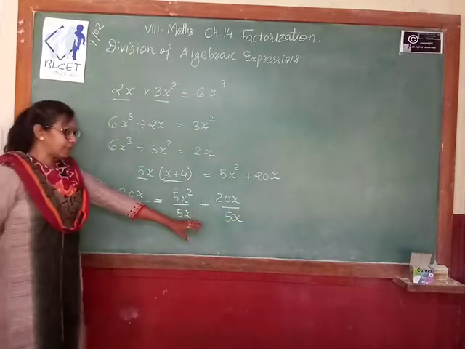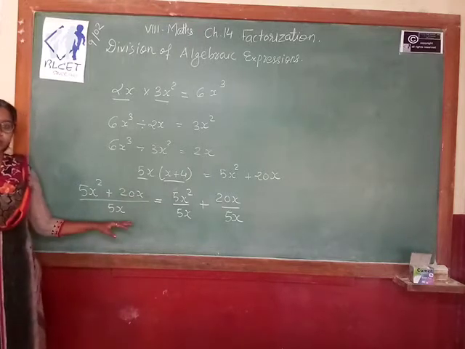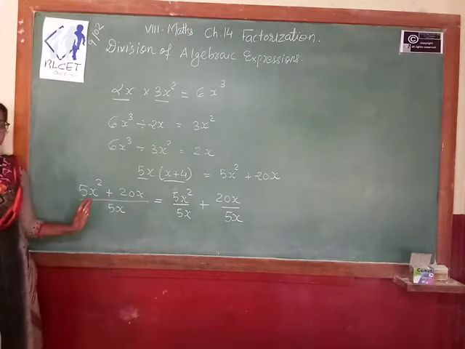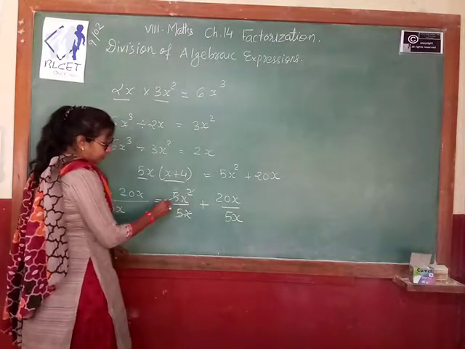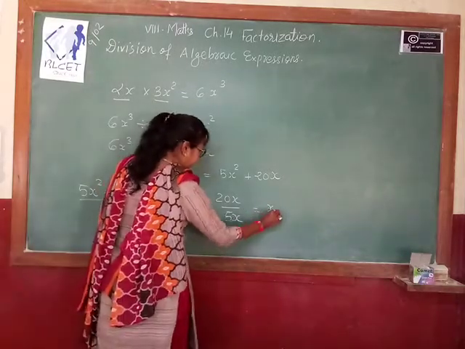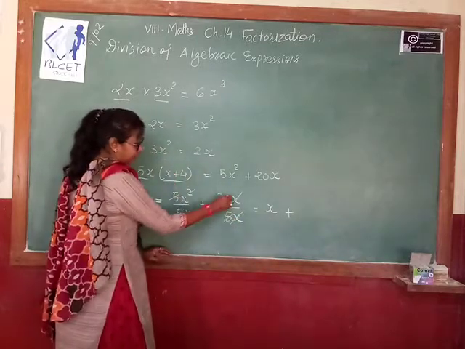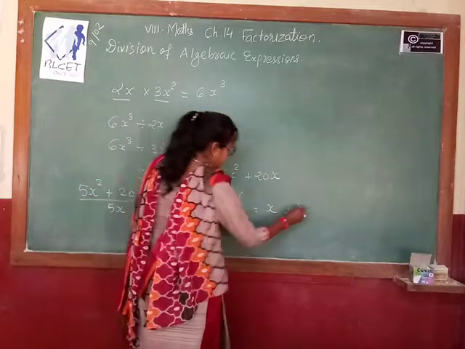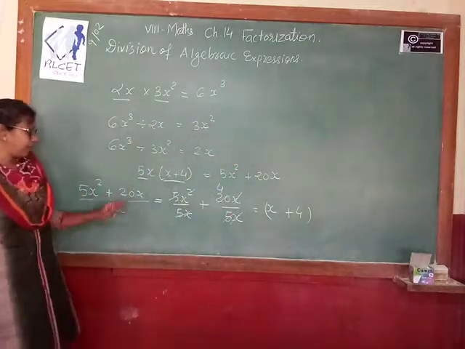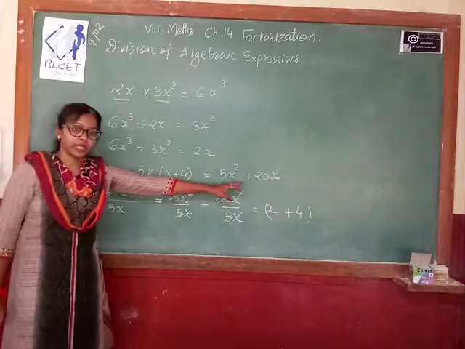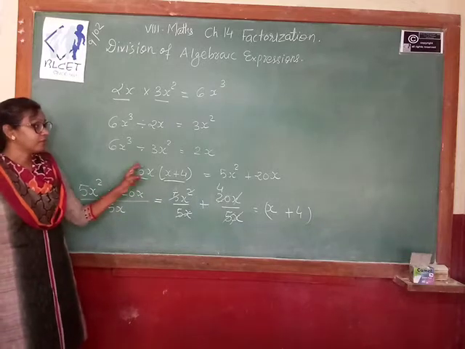This rule we know, that if the denominator is the same, easily we can do the addition of the numerators and the denominator remains as it is. We are going in the reverse pattern. So now this will get cancelled. So what is left? x plus 4. So what answer are you getting? x plus 4. Now in the same way, if you divide 5x square plus 20x by x plus 4, then what is the answer? Then you are getting the answer 5x.